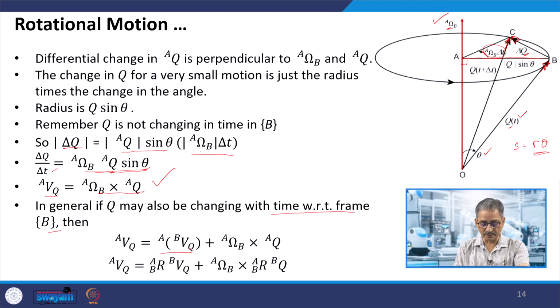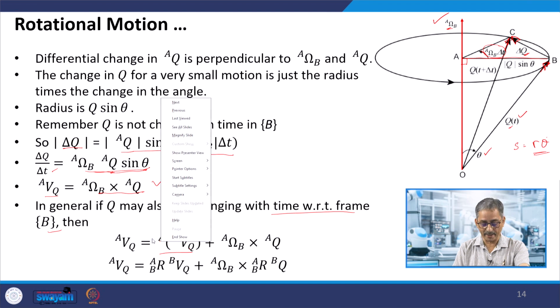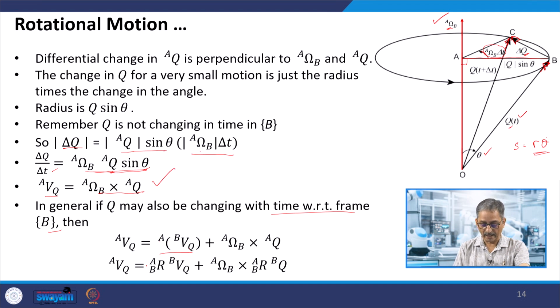So, this is the velocity of Q with respect to frame B expressed in terms of frame A. I can remove this superscript by multiplying this Q B by the rotation matrix B to A. And here Q was expressed in terms of frame A, but I know the Q description with respect to frame B. So, again I use a rotation matrix R B to A over here. This way I can simplify it.